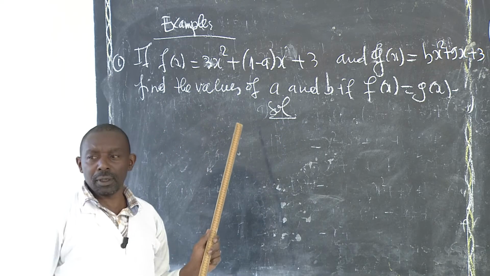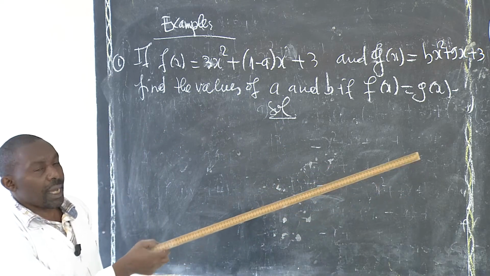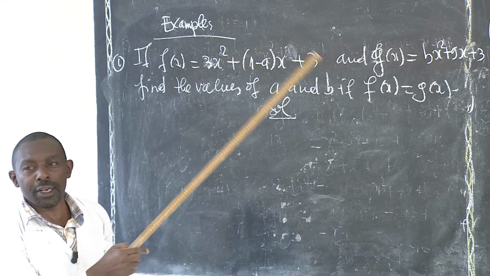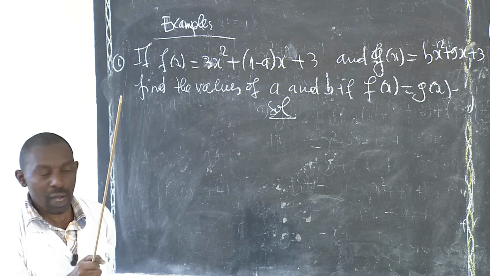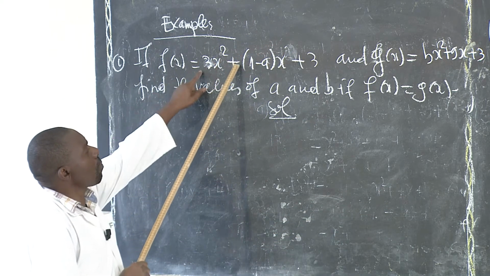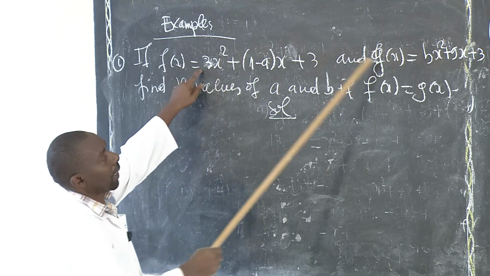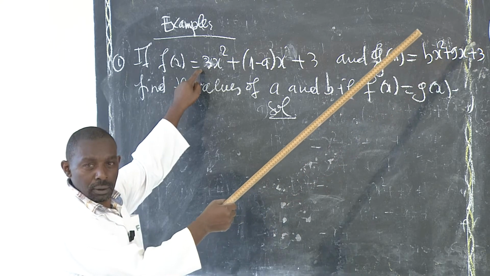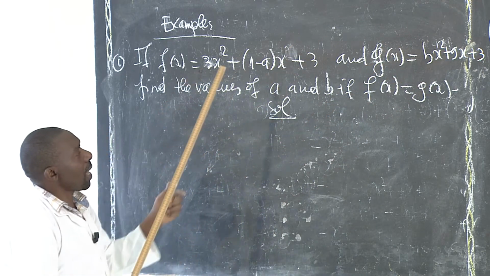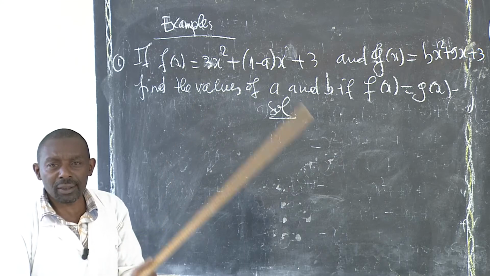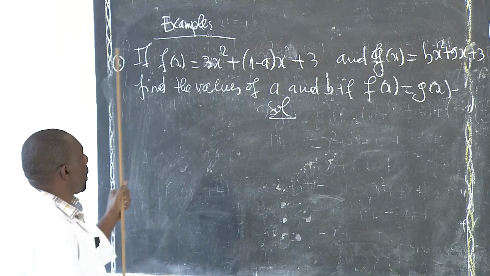Please follow on the chalkboard. I told you that two polynomials are equal if they are of the same degree. That's one. Our polynomials are of the same degree. Their degree is 2 and degree is 2, right? Now, the coefficients of like terms must be the same.